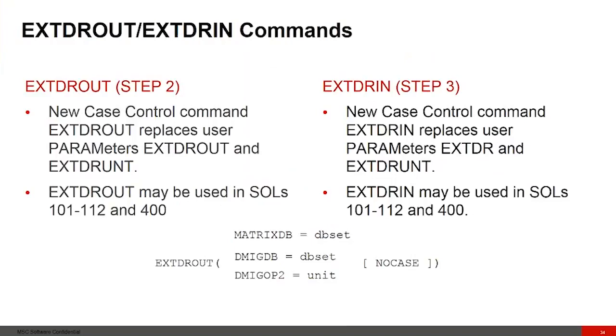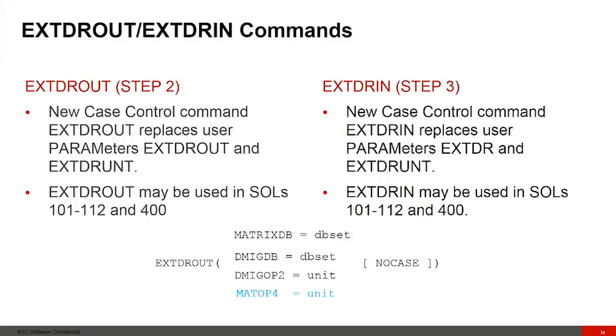So we can see the user interface here. Before, we had the EXTDROUT command, which was a parameter, but now we have added a new case control command. So we are replacing the parameters with the new case control entry for the EXTDROUT to attach the boundary matrices from the step 1. So that's why we specify this case control command.